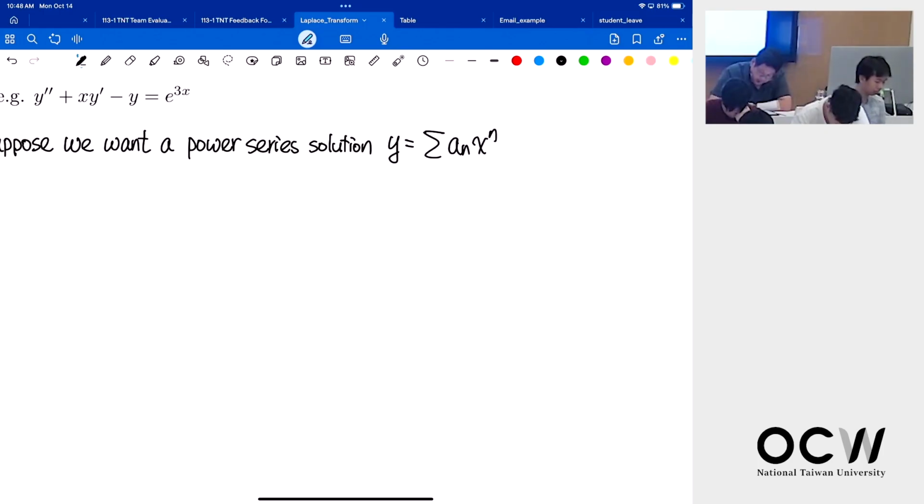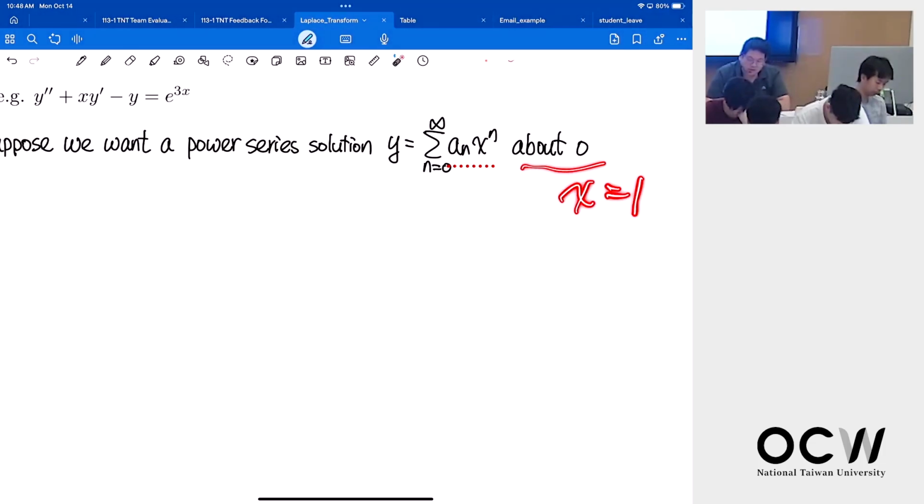And also this solution is about 0, maybe because later on you have your initial conditions, and the initial conditions are at x equals 0. Otherwise, you can have this power series about 1, 2, whatever the point you want to expand.